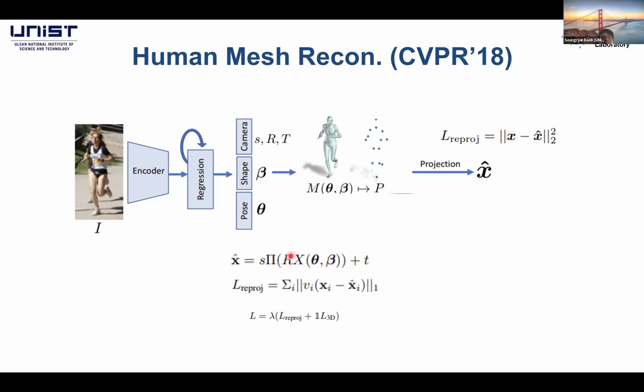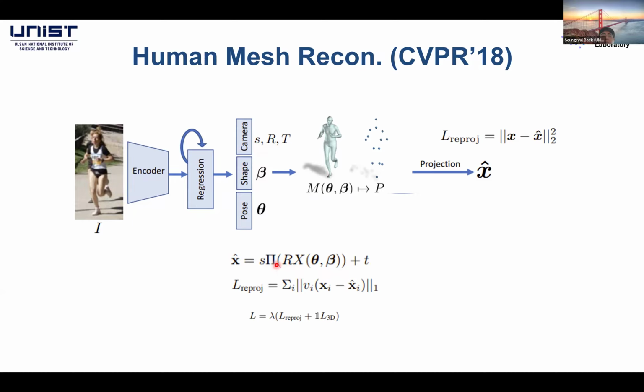So they cannot easily represent the person who is lying. That can be trivially handled by multiplying a global rotation matrix to the entire skeleton. So this R is representing the global rotation of the SMPL mesh, their skeletons.